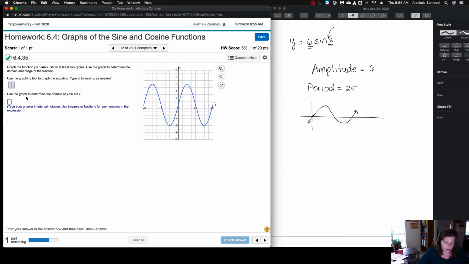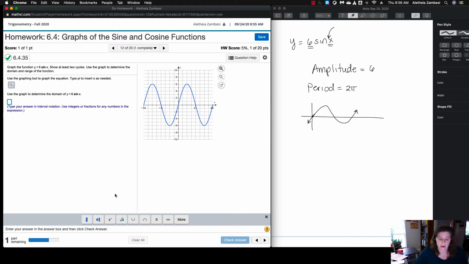All right, moving along, it does want to know what the domain of 6 sine of x is. Well, the domain of sine and cosine are both negative infinity to positive infinity. So I have negative infinity and positive infinity, and then closing my parenthesis.